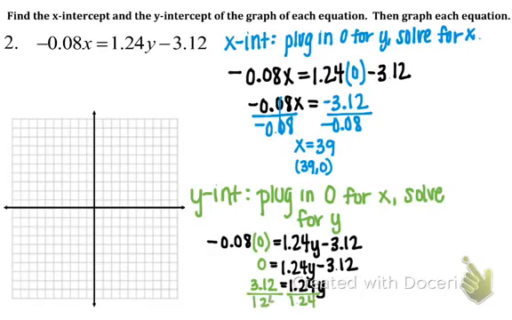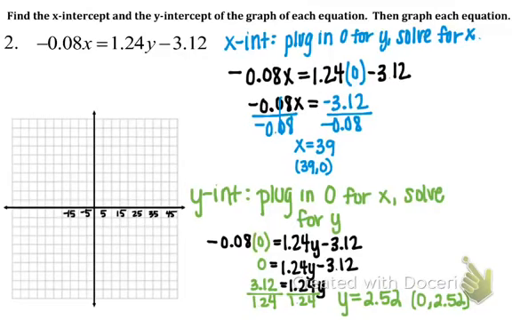Divide by 1.24 on both sides, and I'm left with y is equal to 2.52. So since we are graphing, it is appropriate to leave this intercept as a decimal form, especially since our original equation was in decimals. So now I can write this as a point at 0, 2.52.